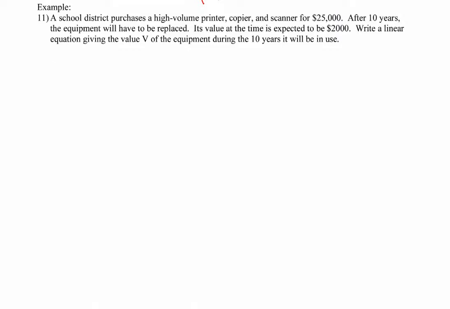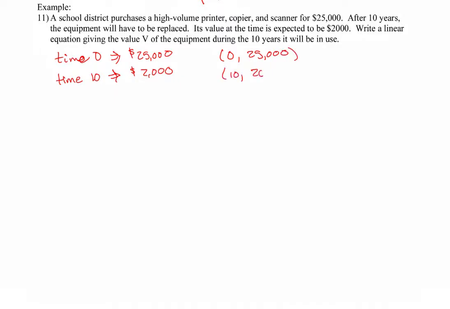So in other words, at time zero, so that's the time of purchase, it is $25,000. And at time 10, it is $2,000. So that gives us 2 points, (0, 25,000) and (10, 2,000).